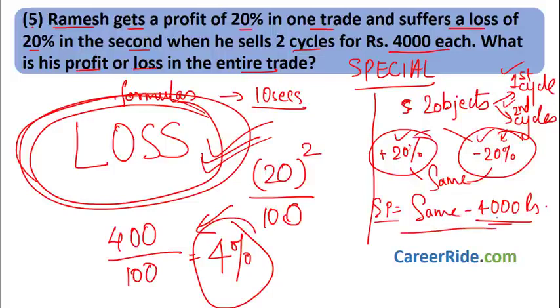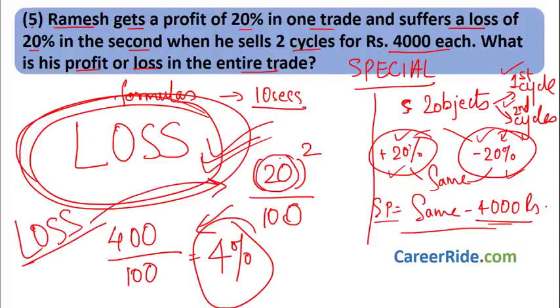Whenever the selling price is the same for two transactions, and in one transaction the person gets 20% profit and in the other the person gets 20% loss, that means the percentages of profit and loss are the same, then the person will always suffer a loss. Take the percentage value, do not say plus or minus anything, square it and divide by 100.